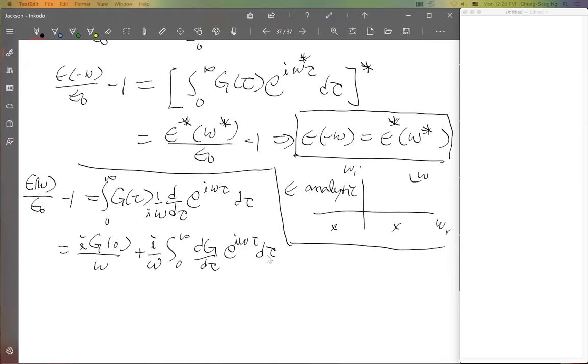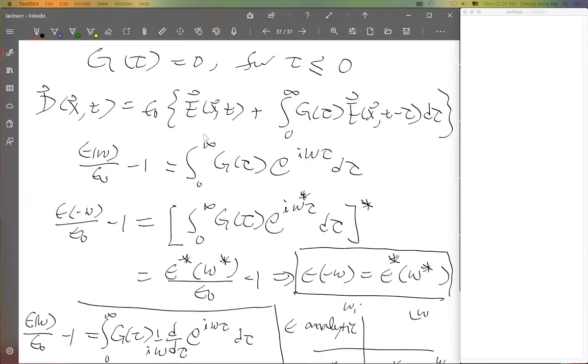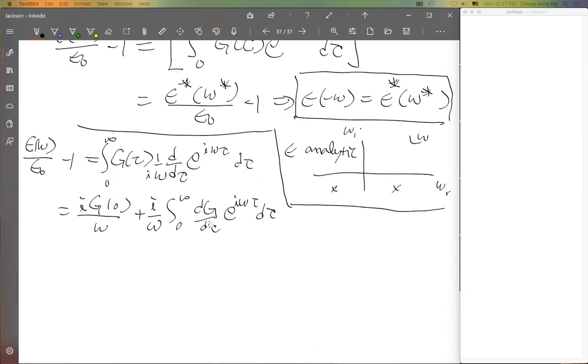All right, so this one is exactly the same form as the original one. So we can keep doing this integration by parts process. The first one will be just what we had before.